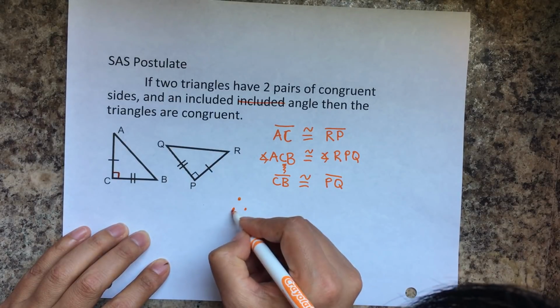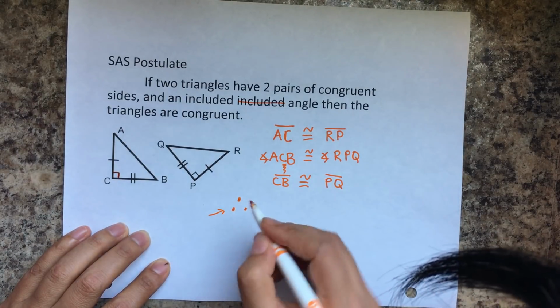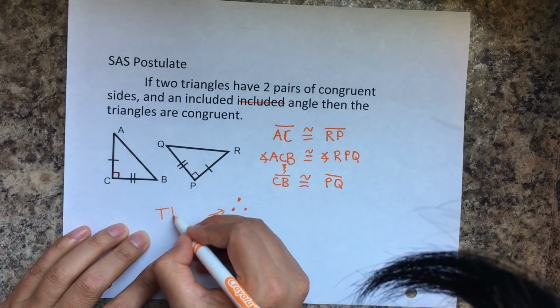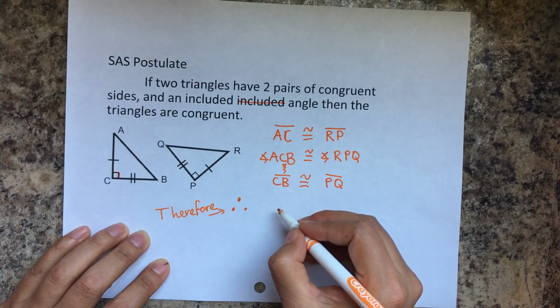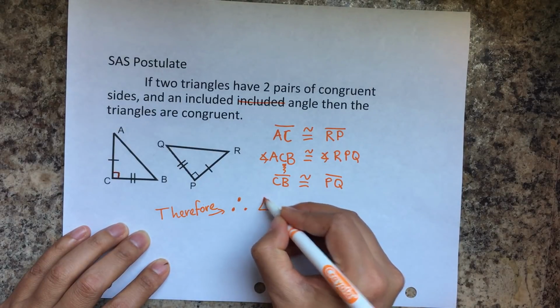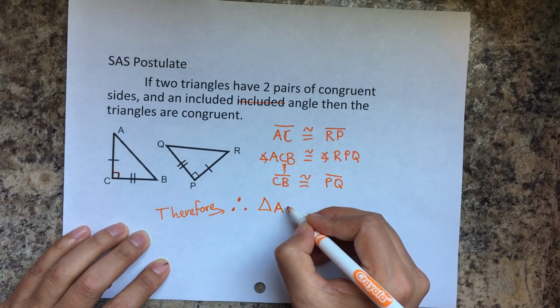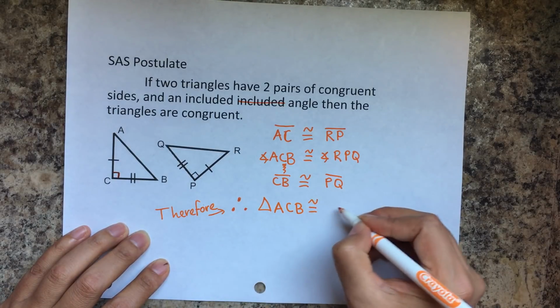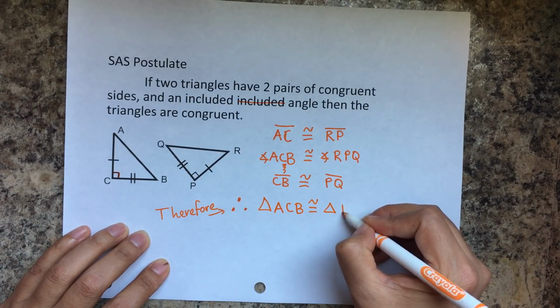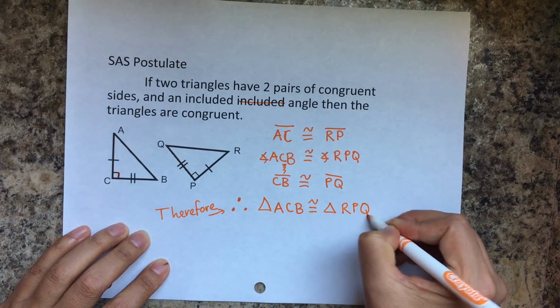So those markings tell me that these two sides are congruent. Therefore, these little dots, sorry, I forgot to tell you before, mean therefore, triangle ACB is congruent to triangle RPQ.